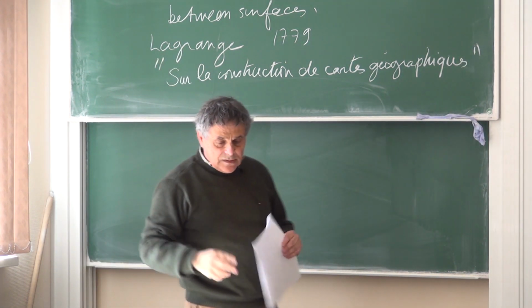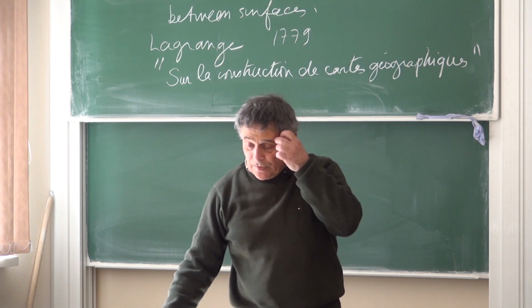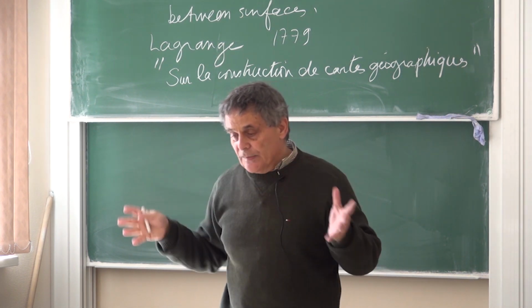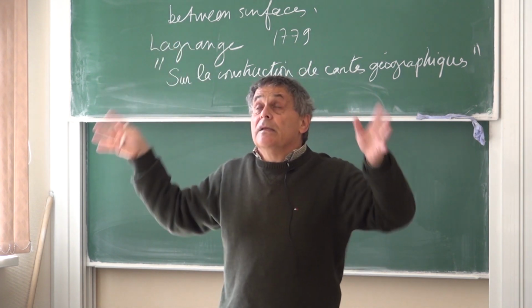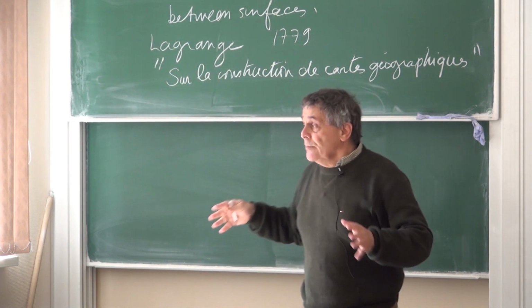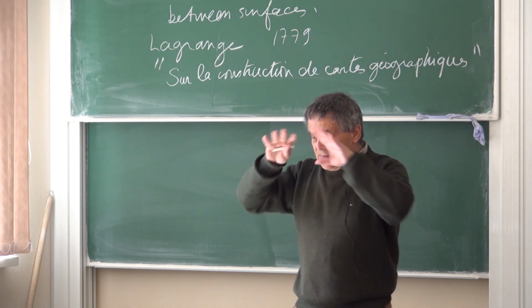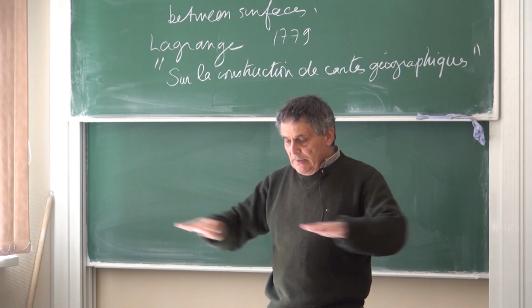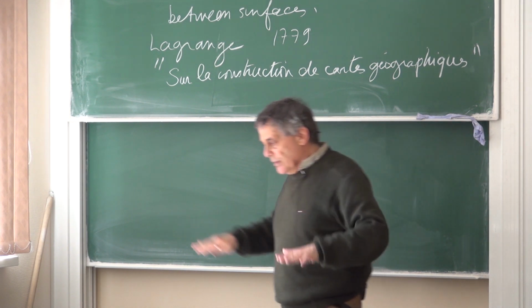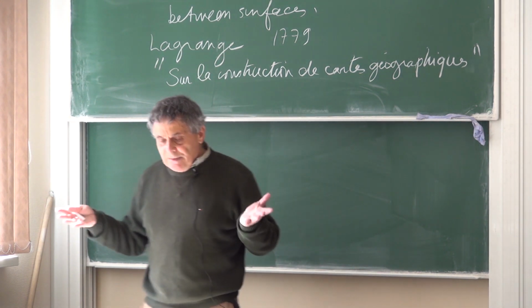The problem is you want to construct geographic maps of the sphere, which may be the Earth or even the celestial dome, and since it's a curved surface, and you want to construct a map on a piece of Euclidean paper, there must be some distortion.